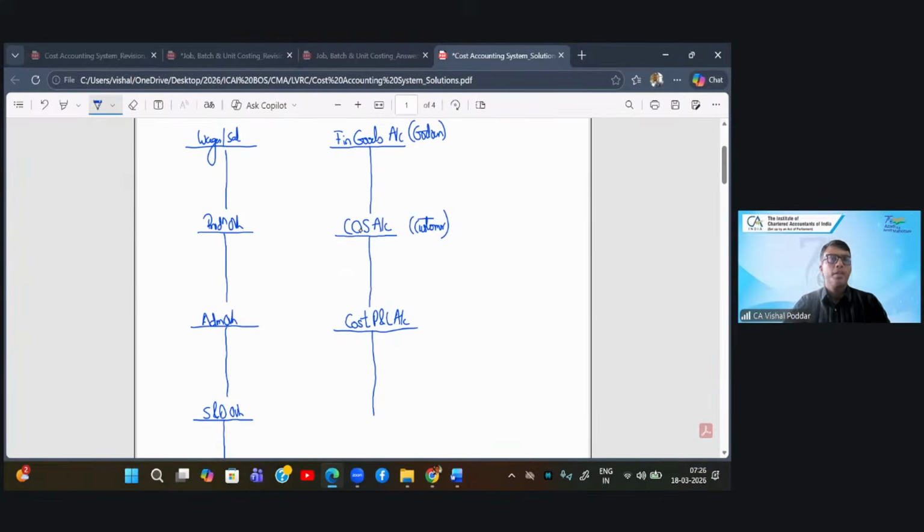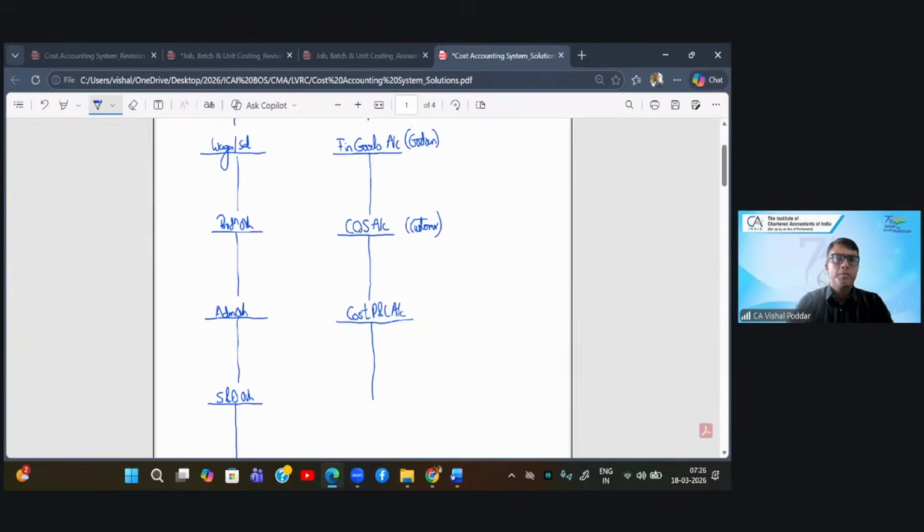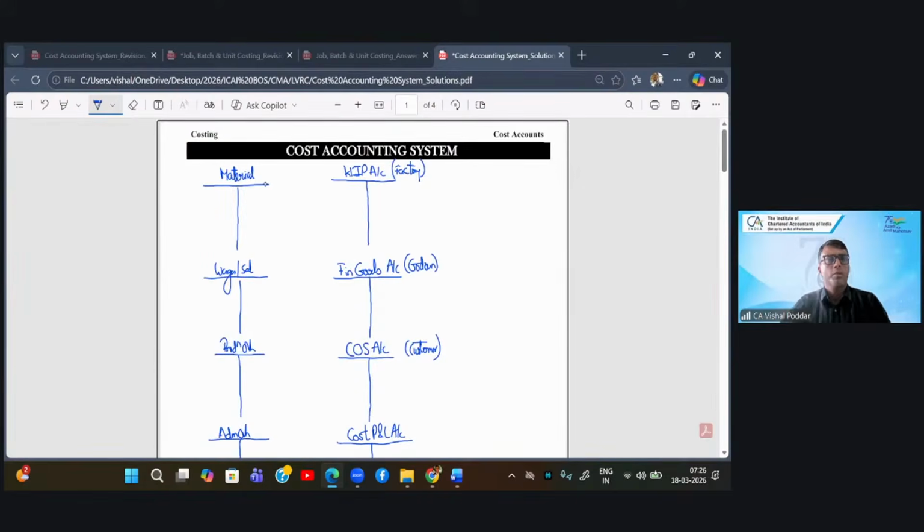Now, first understand the accounts with their names. So first account is for the material cost. Now, this is the name by which we understand. So right from day one of costing, when we started understanding costing, we understood that there are broadly three types of expenses: material, labor, and expense. And then depending upon direct and indirect, all the indirect expenses are classified as overheads, and then overheads are further classified as production, administration, selling, right?